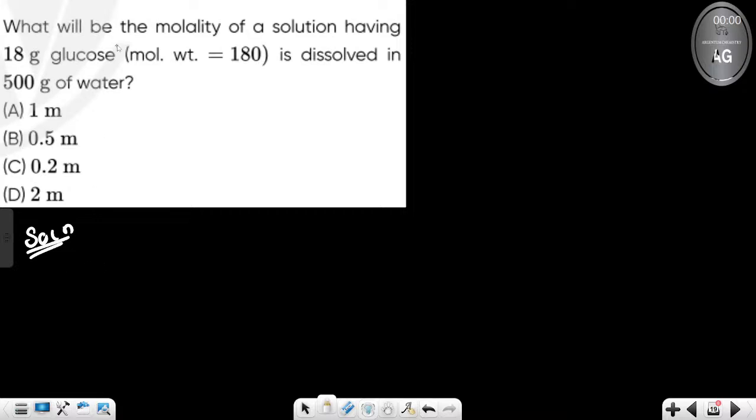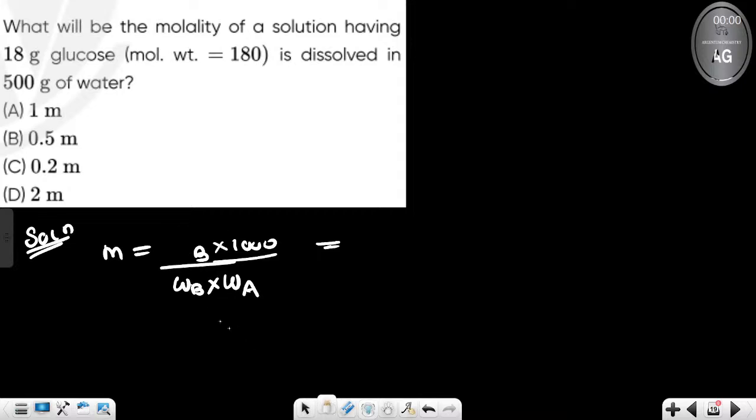So let's start solving. What will be the molarity of a solution having 18 gram glucose, molecular weight 180, dissolved in 500 gram water? Molarity equals weight of solute divided by molecular weight into weight of solvent into 1000.